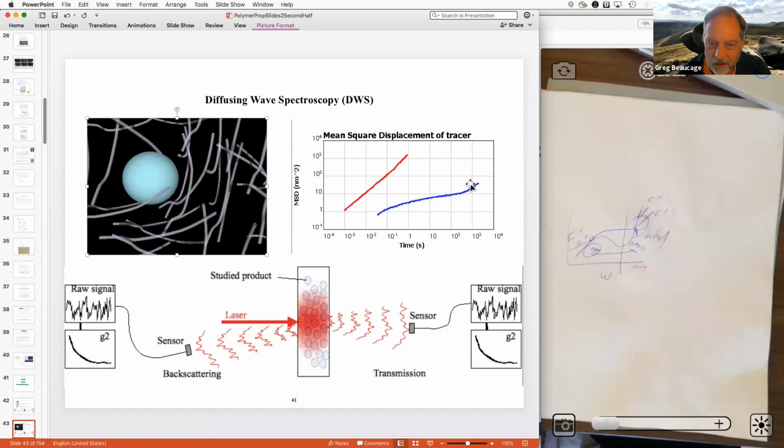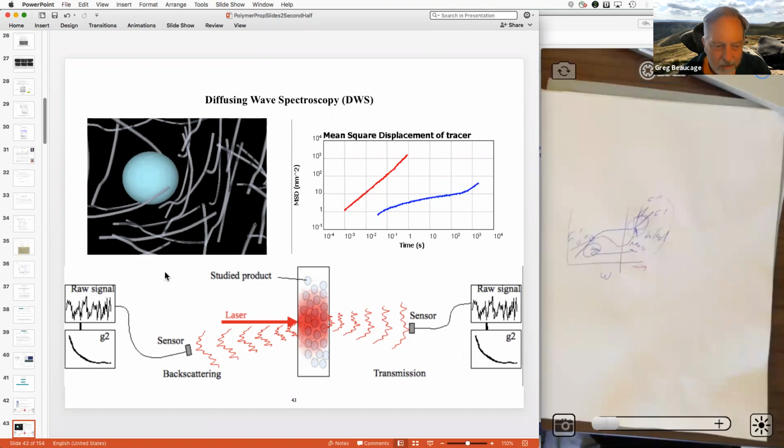So then it goes to flow at long times when it has time enough to escape. So at low times, you're looking at small sizes, you're looking at this bouncing in this network, right? And again, 1 over time is going to be frequencies. So these are really high frequencies, much higher than you can get with a mechanical rheometer. And all you're doing is let the particle move with kT and probe the structure, right?